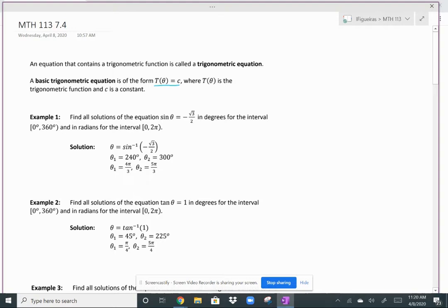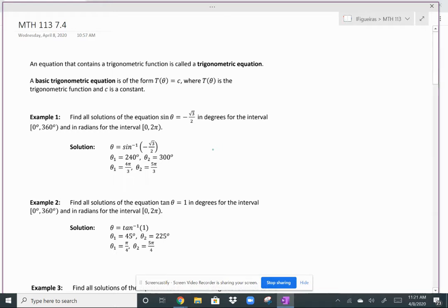For example 1, I want to find all solutions to the equation sine of theta equal to negative root 3 over 2, in degrees on the interval from 0 to 360 and in radians from 0 to 2 pi. You should recognize these numbers, root 3 and 2, as one of those special triangles.